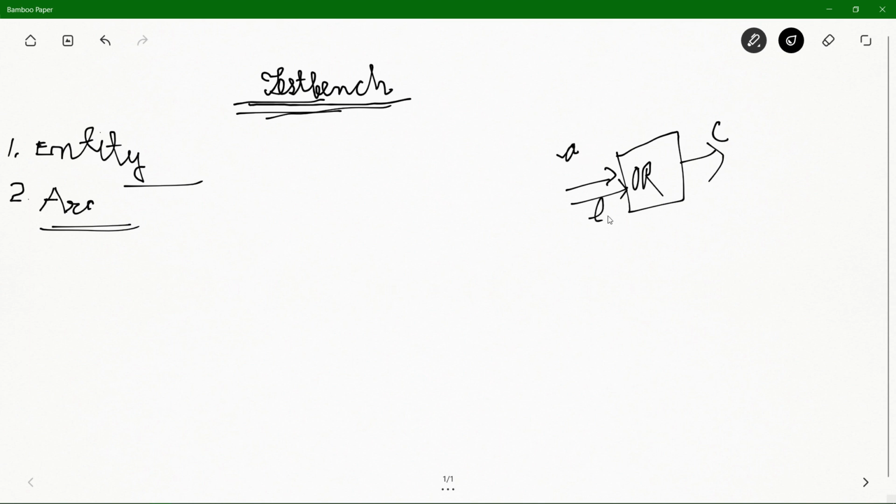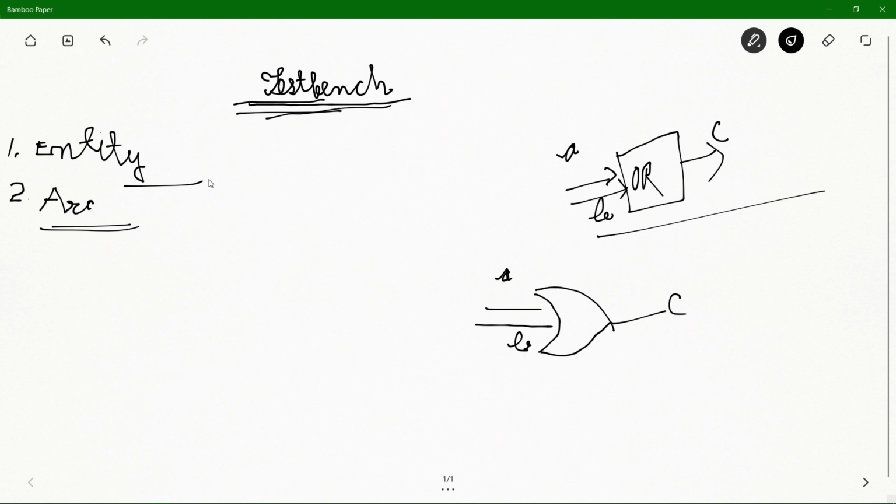These A and B were my two inputs, and the block is given a name like this, right? And after that, in the architecture part, my OR gate is being made, where A and B are the inputs.